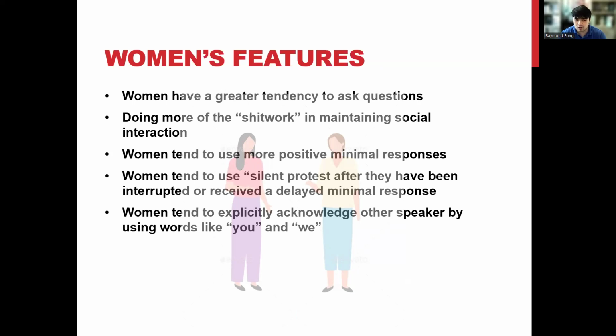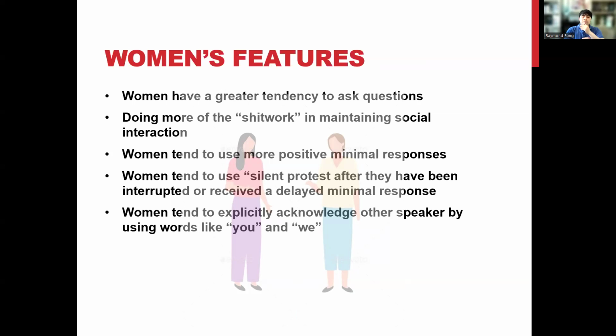This next one is a little harder to see: using silent protest after being interrupted or receiving a delayed minimal response. Notice that they do not tend to say, hey, I'm talking, right? They don't say that. Instead they do the opposite; they'd be like, okay, you don't want to listen to me, I'm just going to be quiet and not say anything. And it's also very interesting that women tend to include everyone in a conversation when they're using words like you and we, so that everyone in the immediate conversation is included, right?